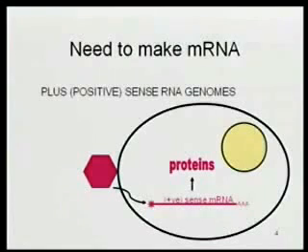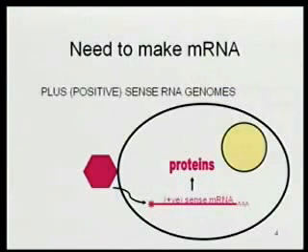If it's the same sense as message, which is by definition positive sense, that's what we mean by positive sense RNA when we're talking about these viruses, then when it gets into the cell, it can be immediately translated into proteins. This virus has to code for an RNA-dependent RNA polymerase, because we don't provide one.